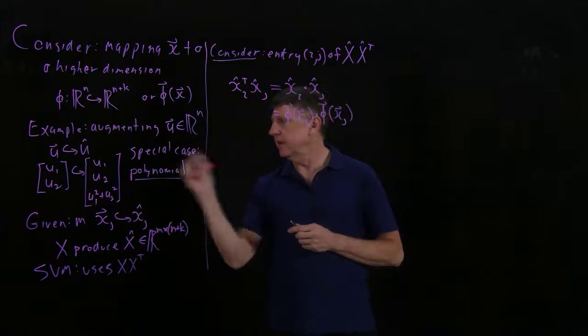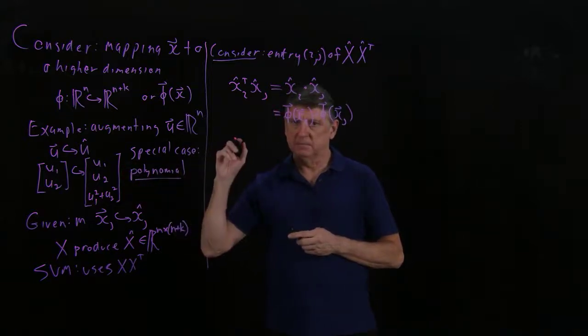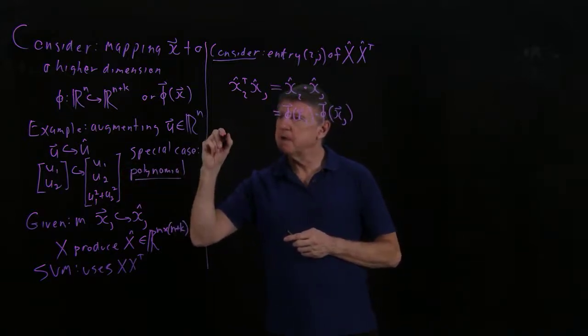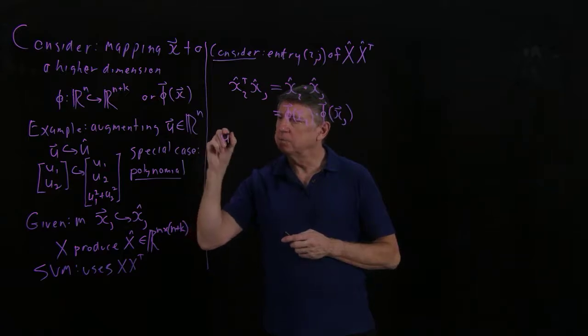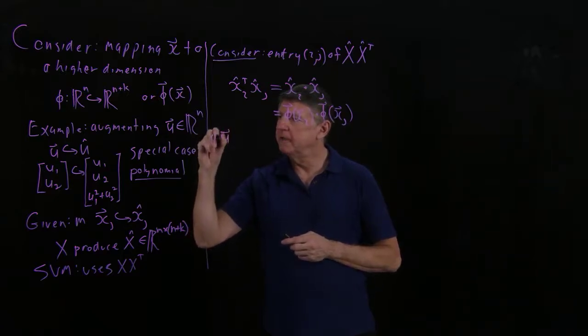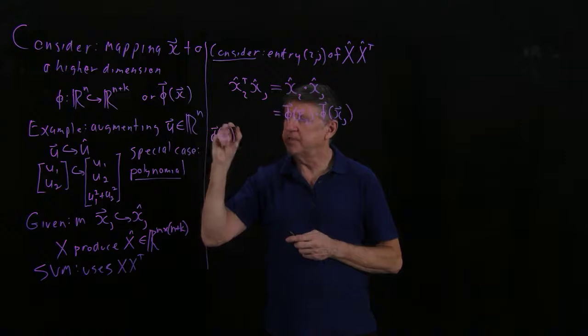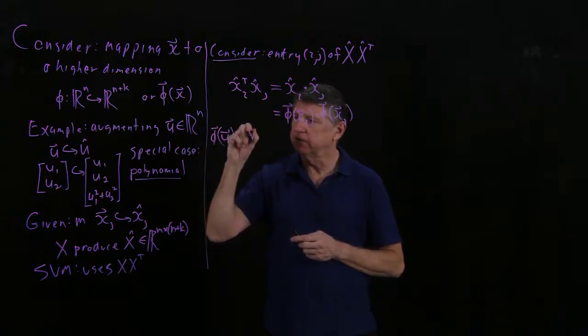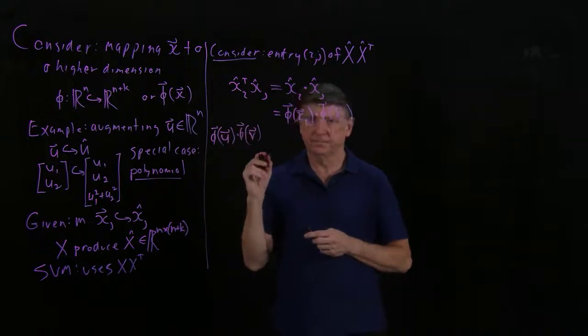So let's try this. Take a vector u and embed it, and then take the dot product with a vector v, and we'll embed that.